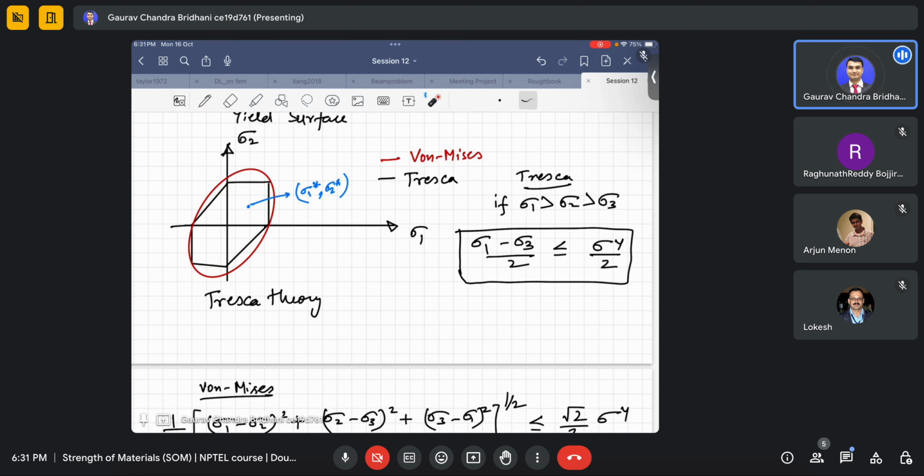Also, if we look in terms of the von Mises, this again lies inside the yield surface of the von Mises criteria. So this point won't be subjected to any yielding or failure. But what happens if this point moves to the surface of the Tresca one?